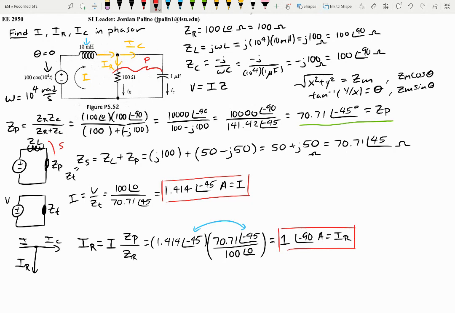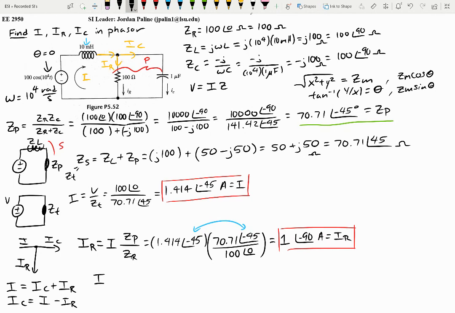Okay, and then we have one of two options. We can solve for IC by I minus IR, but that requires a few more conversions, and I would rather not do that.